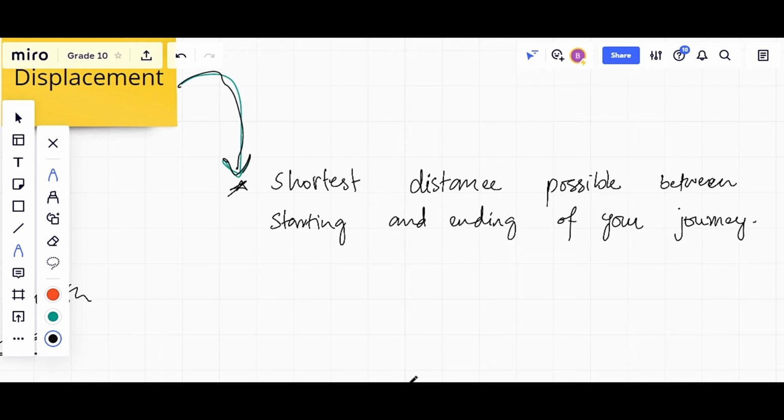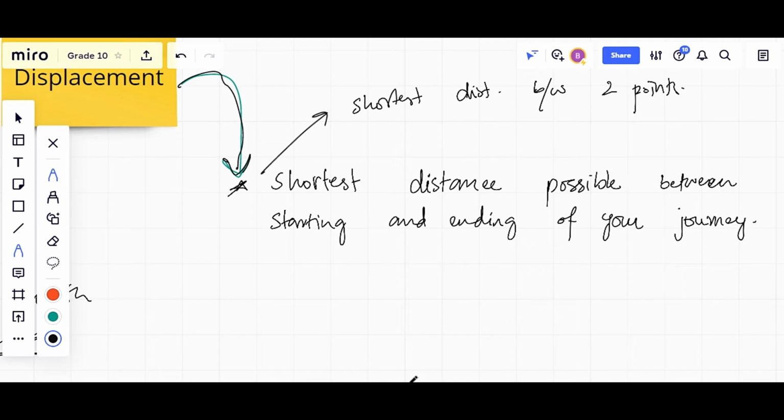Or instead of giving such a long statement, you can say shortest distance between 2 points. So you can also describe it in this form: shortest distance between 2 points, whether it's the starting and ending of your journey, or 2 points nearby. You can elaborate in that manner as well.